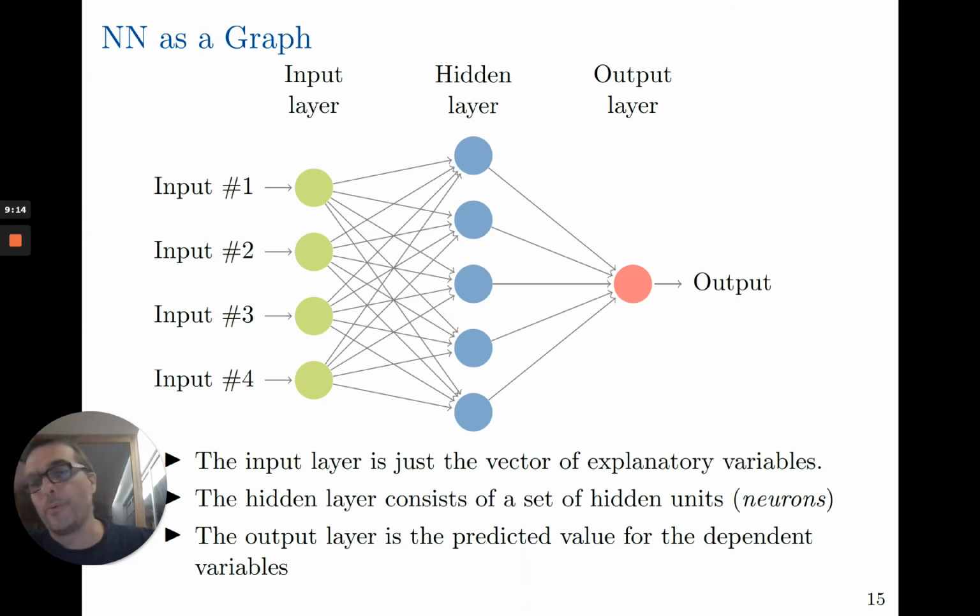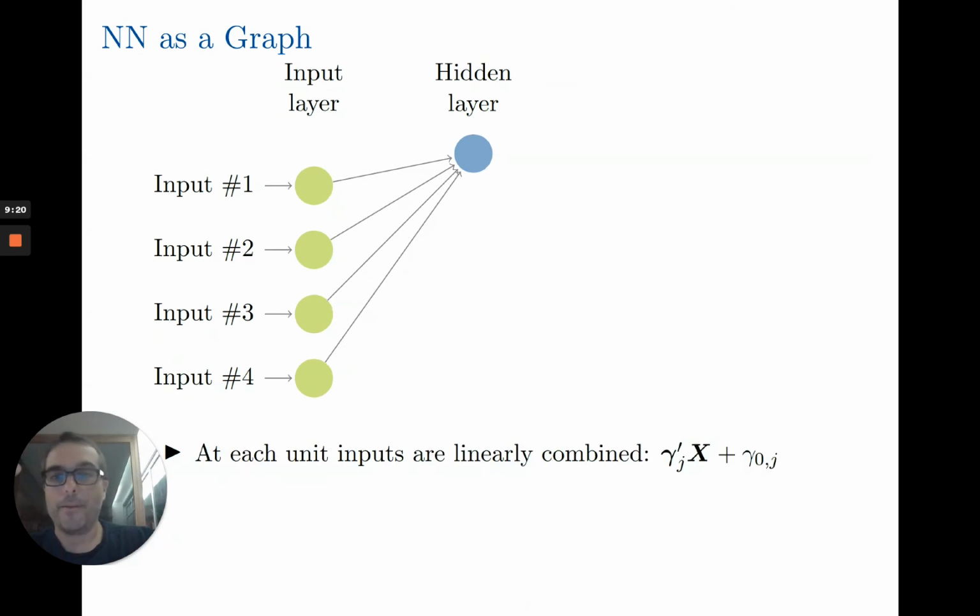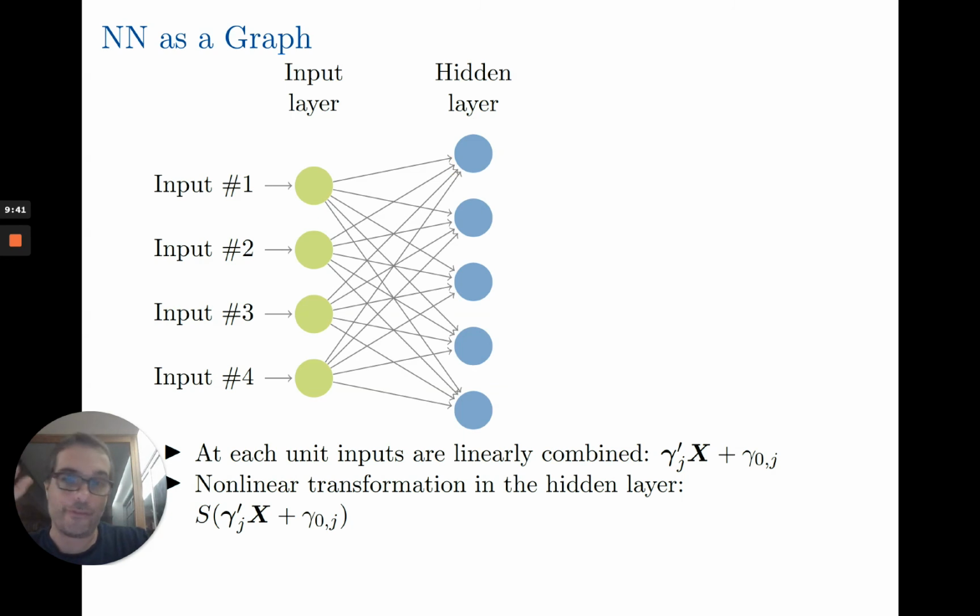But how does it work, how do we map the formula on our first slide to that graph? Basically, at each unit, inputs are linearly combined. So what reaches this neuron here is the linear combination, plus this drift, of the inputs. Okay? Then it reaches the neuron, and then the neuron can be fired.